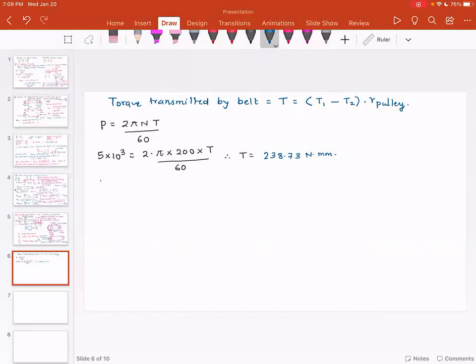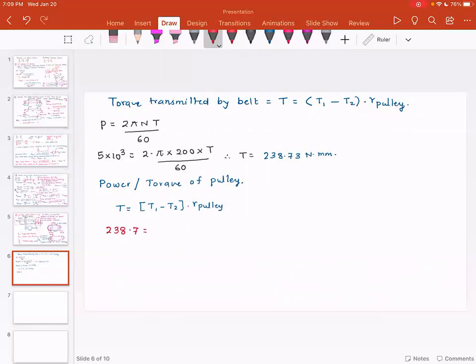If you look at the torque transmission by the pulley, T is equal to T1 minus T2 multiplied by R pulley. T is given as 238.7.